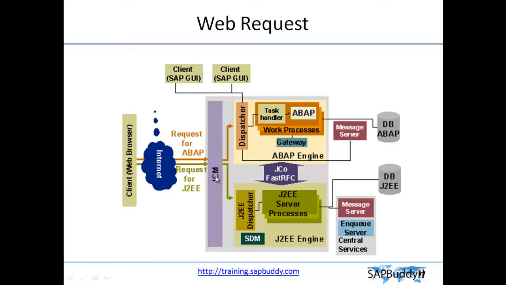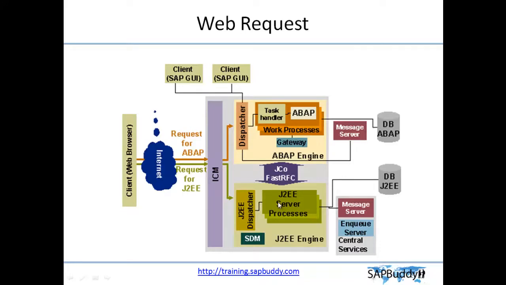Based on the ICM's decision, the ICM will forward this request to the specific location, because in ABAP you also have Web Dynpro ABAP, where you can have web browsers enabled, or you can receive web requests directly to your ABAP engine. So ICM will check whether the request is supposed to go to ABAP, then it will go to ABAP.